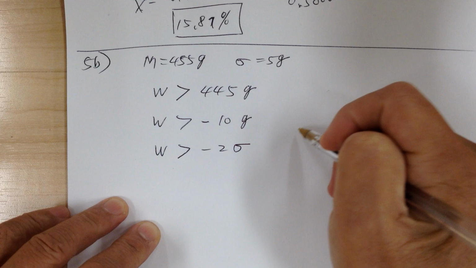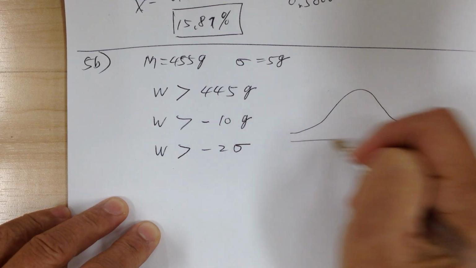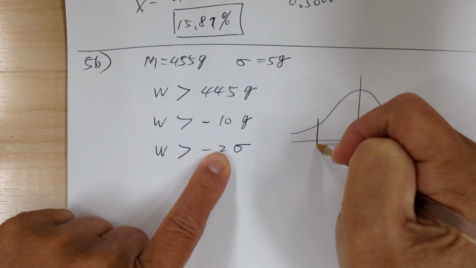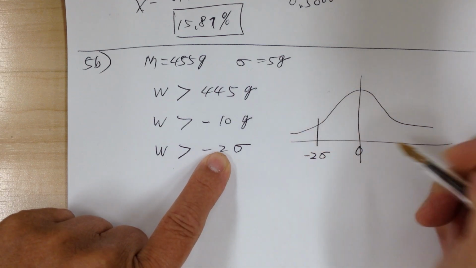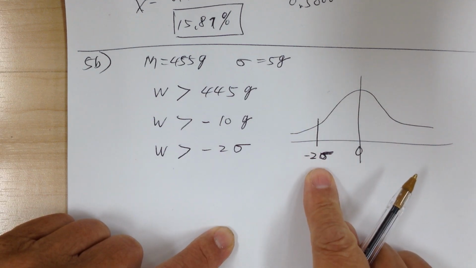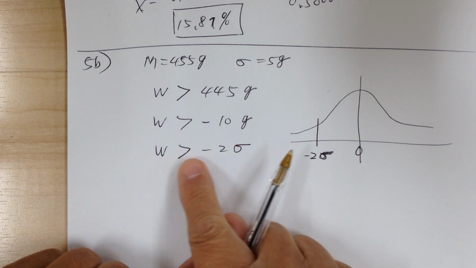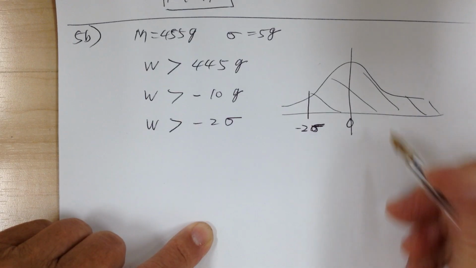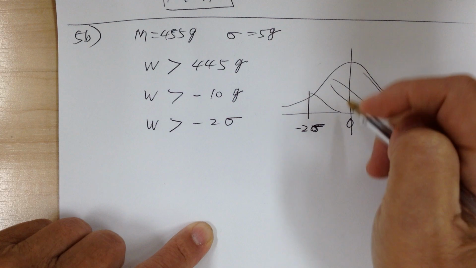Okay, so again, you draw your picture. So here's your 0. So minus 2 is right over here, minus 2 standard deviations. And you're looking for the weight that's greater than that. So greater than that is this entire area right over here. Okay, so again, you look up the table.